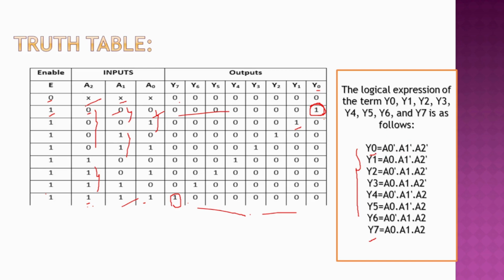Y0 is 1 when A0 is equal to 0, that's why you mention A0 dash, and A1 is also 0, so A1 dash, and A2 is also 0, so A2 dash. Likewise, you need to fill the equation with the help of this truth table.